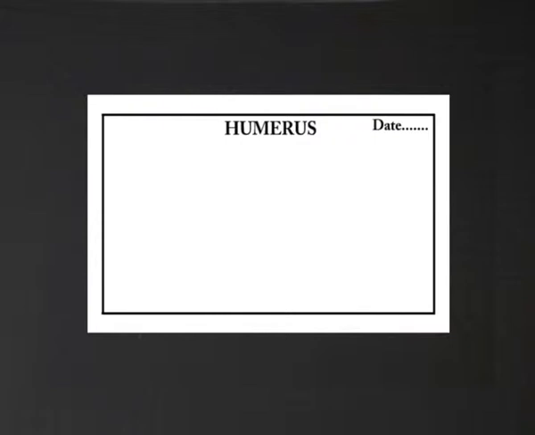And at the left-hand bottom corner, just above the border line, you have to keep a space for the teacher's signature and the teacher's remark. So this is the fundamental and basic thing you have to keep in mind for drawing a bone on your drawing sheet or on the page of your notebook.